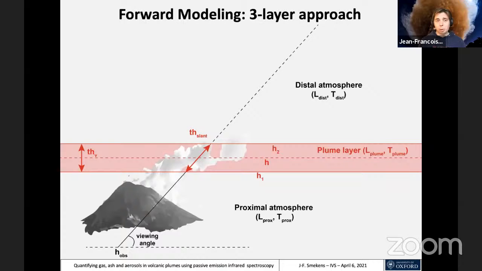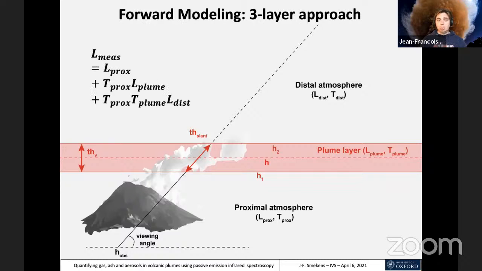And so here for the forward model that we've developed, we use a 3-layer approach, where essentially if we look at the radiance at the sensor measured by the observer, it's a sum of 3 components. The first one being the emission of the gases between the observer and the plume.